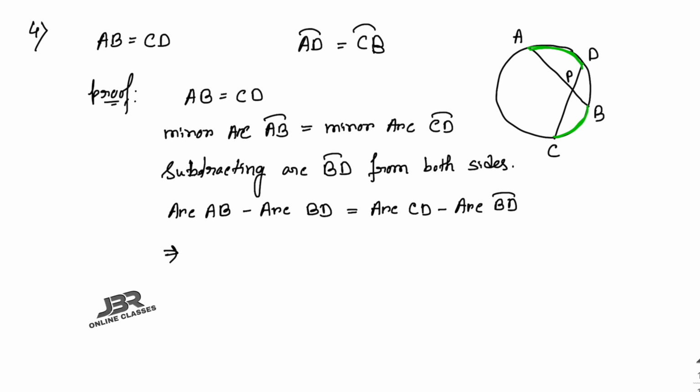So you can write arc AD is equal to arc CB, because if you subtract the BD portion from CD, it becomes CB, and the BD portion from AB, it becomes AD. So it's proved.